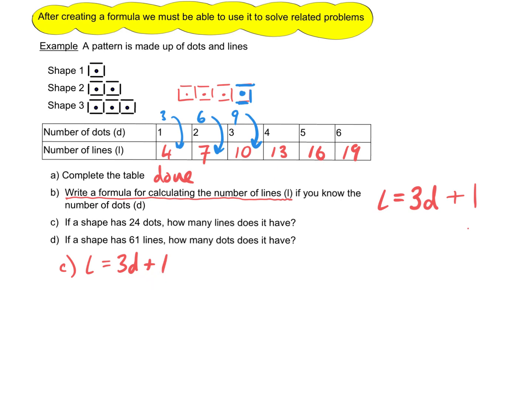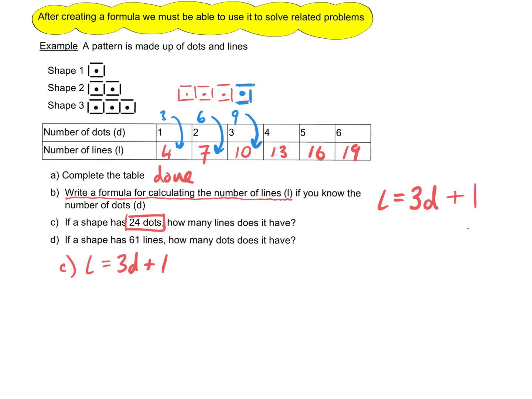Now the question says, if a shape has 24 dots, and that's important here, it's got 24 dots, how many lines does it have? So we know the number of dots is 24. Now which of these 2 letters stands for the number of dots? Remember, number of dots is D, so this is the number of dots here. Now we have 24 dots, so we have 3 times D is actually 3 times 24.